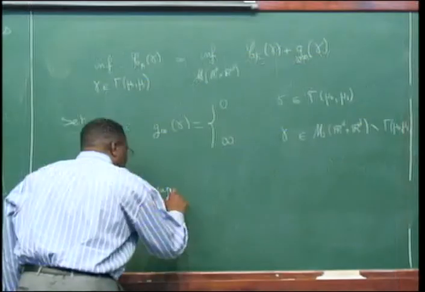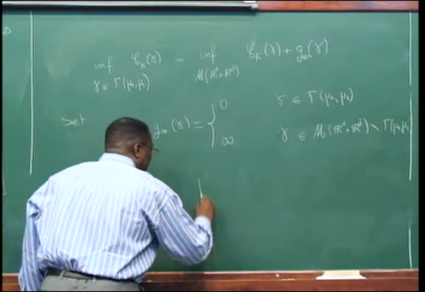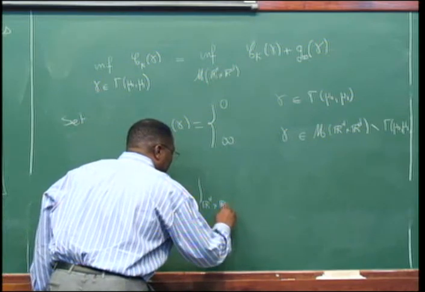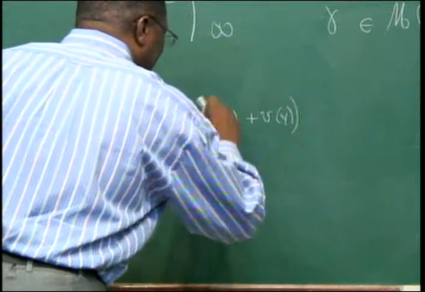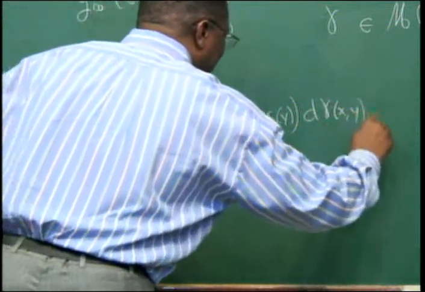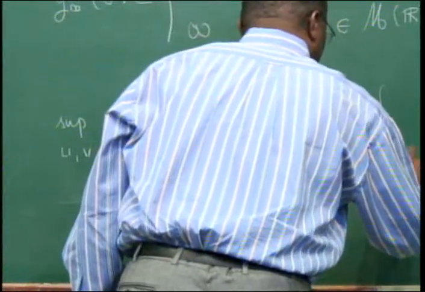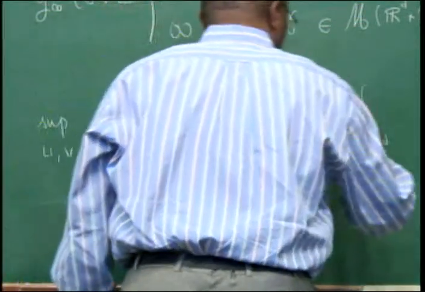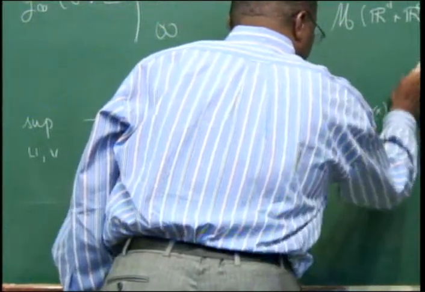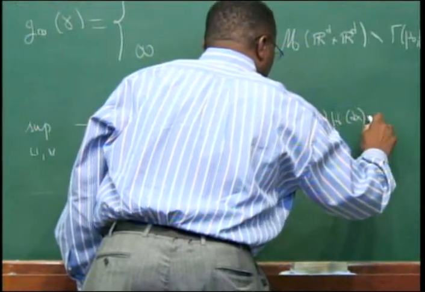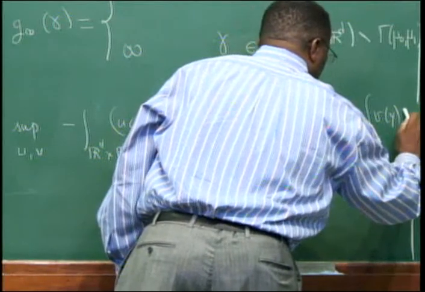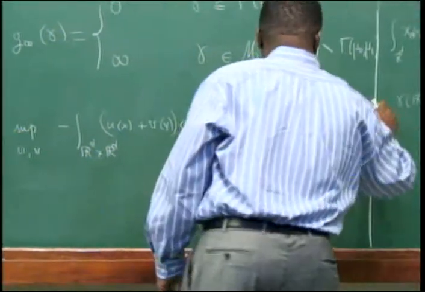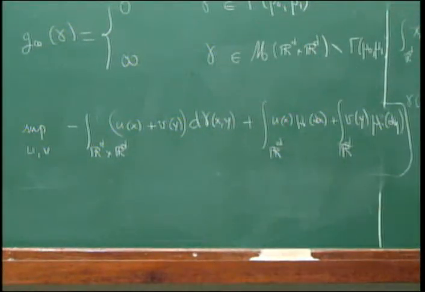The supremum over U, V of the integral over R^d cross R^d of U of x plus V of y d gamma(x,y), minus the integral over R^d of U of x d mu naught plus the integral over R^d of V of y d mu 1. I claim that this functional is G infinity of gamma because of the following reason.